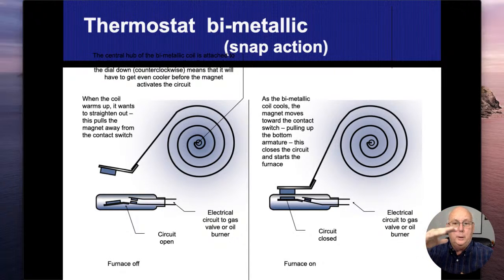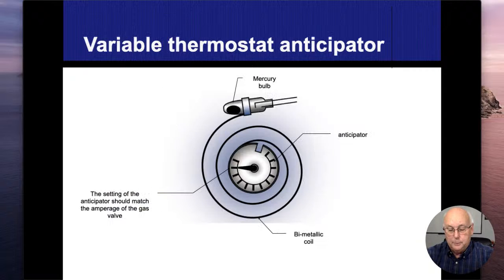The coil comes down and reaches the other magnet. Once it gets close enough, it pulls them together, closes the circuit, and turns the furnace on. And as it heats up, it tries to expand enough to break the circuit.